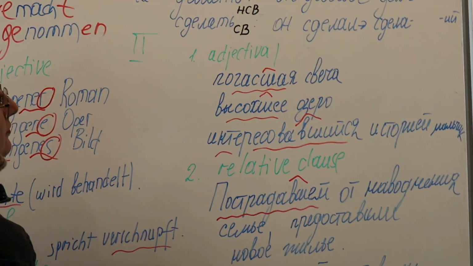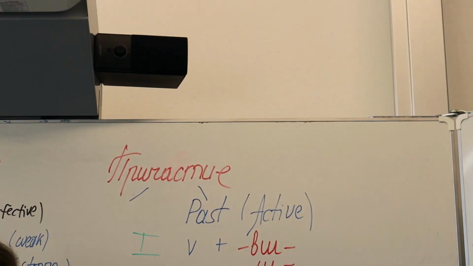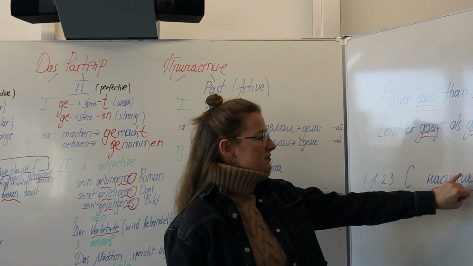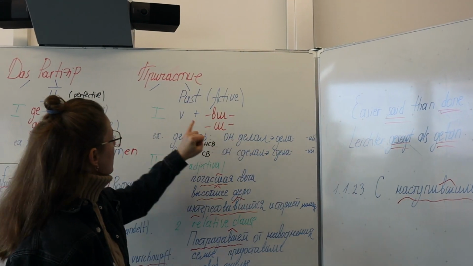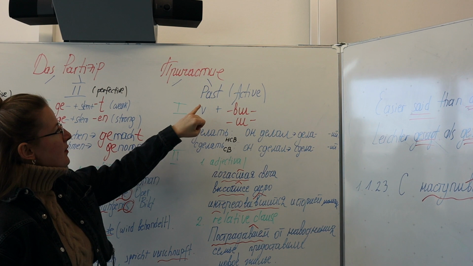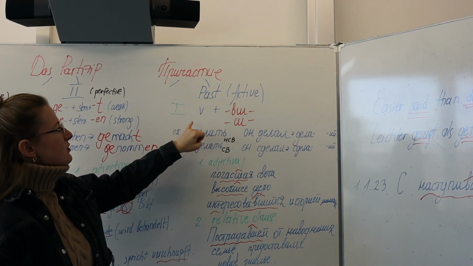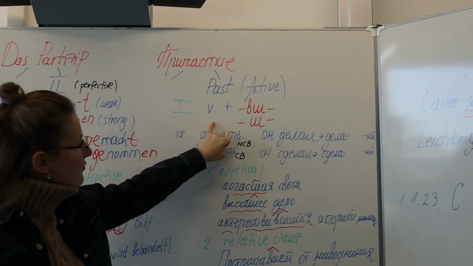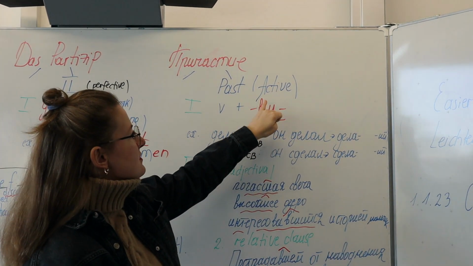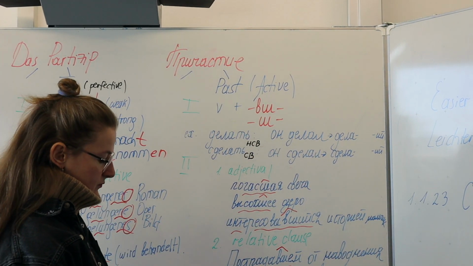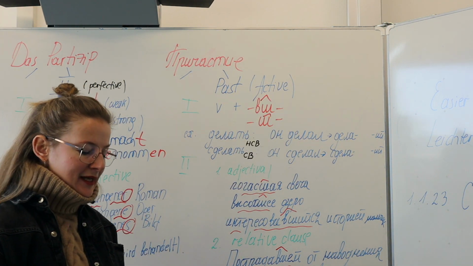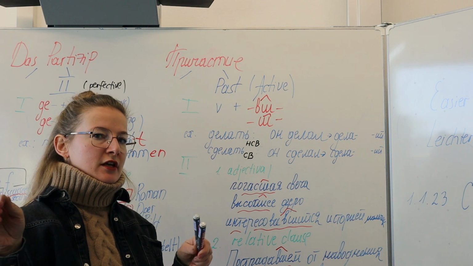And so I've given some information away already because I've identified the suffix вш. And how can we form past active participle in Russian? We need obviously the verb because participles are derived from verbs, and then either suffix вш or suffix ш, depending on the phonological environment.